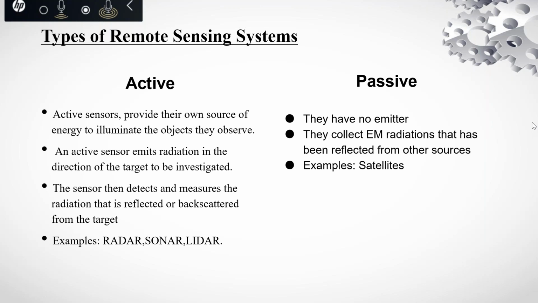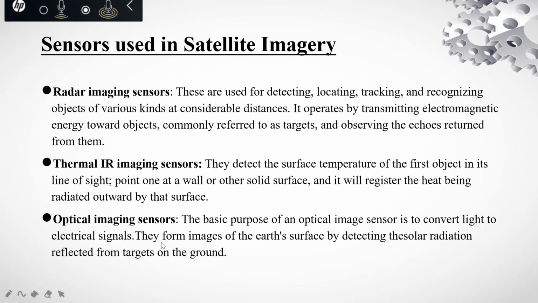Sensors used in satellite imagery. So here there are many sensors, and I've listed three types here. Radar imaging sensors are used for detecting, locating, tracking, and recognizing objects of various kinds at considerable distances. It operates by transmitting electromagnetic energy towards the objects, commonly referred to as targets, and observing the echoes returning from them.